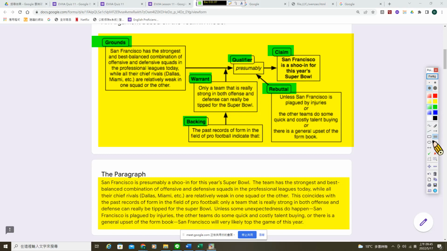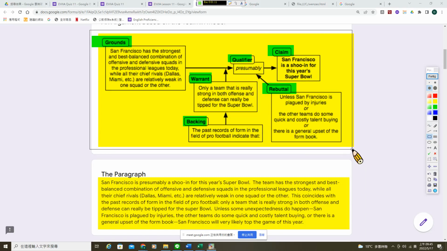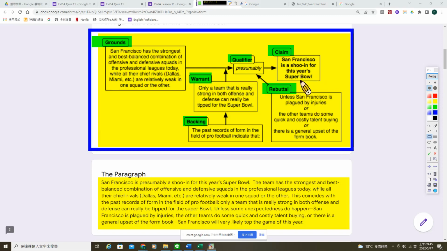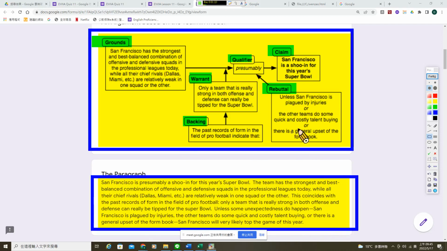So as you can see from here, we put this all together with sentences or words here. This means actually when we write a paragraph, we follow our argument with the Toulmin argumentation model. So let's explain this to you one by one.